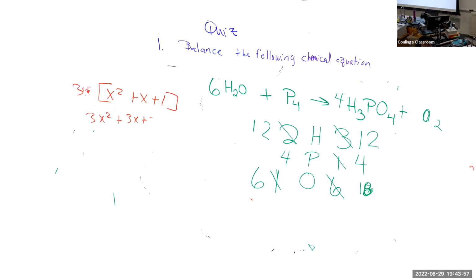So that's 12? Can't put it in front of the H3, so one for the 18. So we just guess random numbers for the start? 18, try to balance it out. So no, but like, 4. 18. What times one multiplies by 3 to get 12?